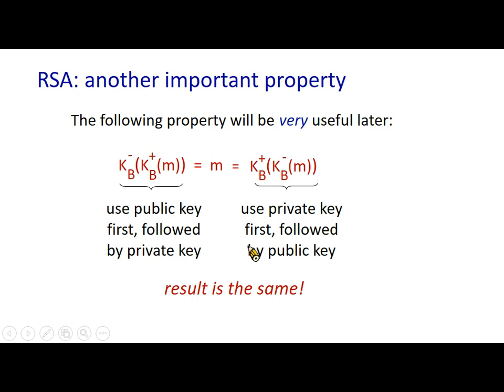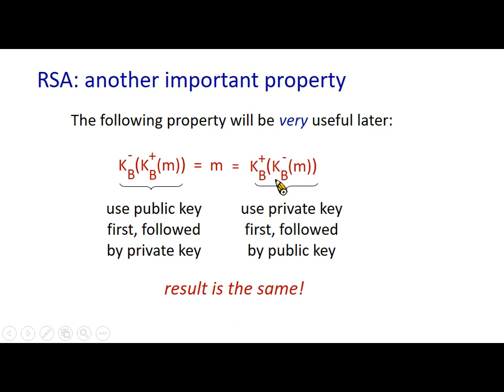Based on this, you can understand it. Now another important property, which will be very useful later, because we send with the public key and decrypt using the private key.